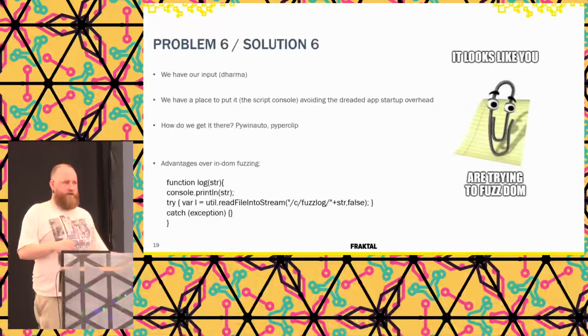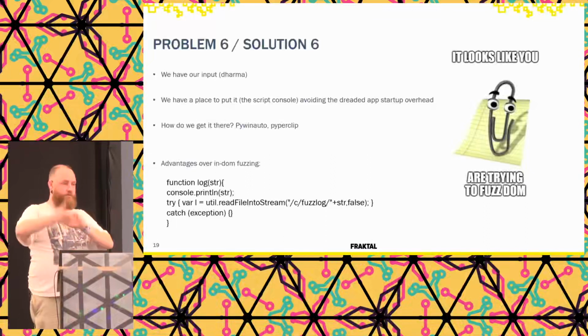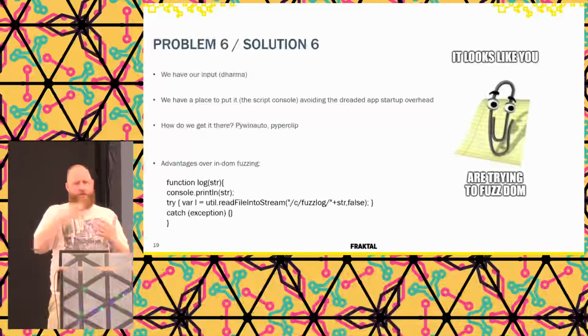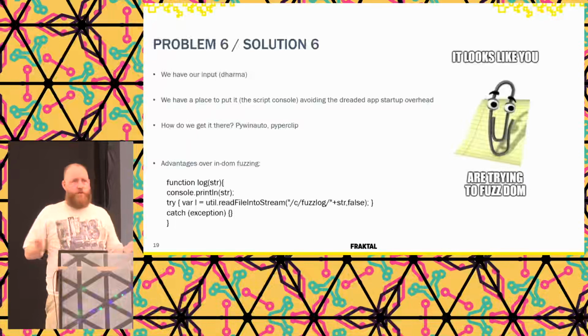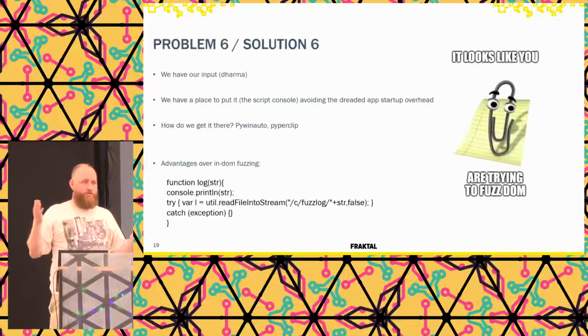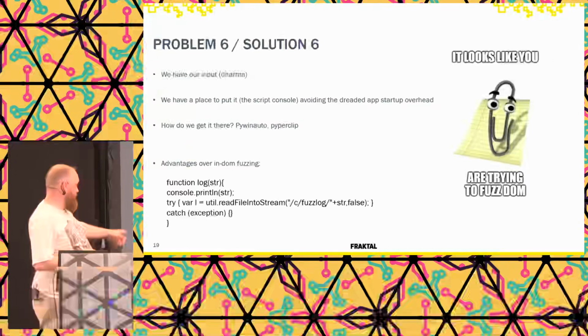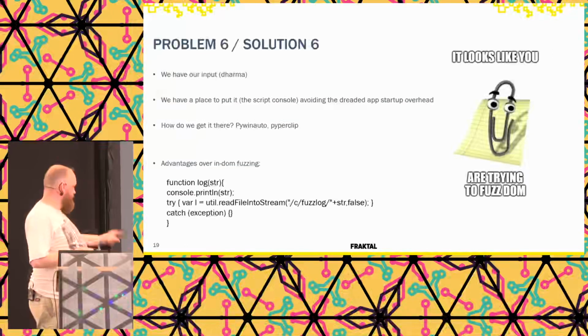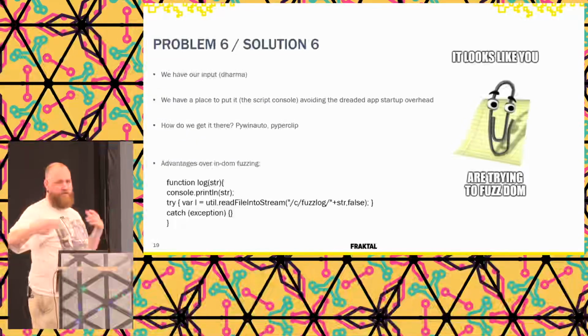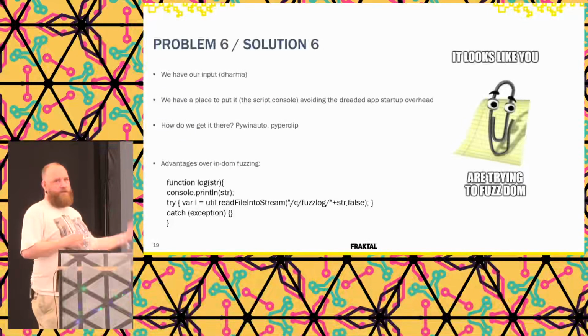I made another fuzzer where I just do a bunch of JavaScript, stick it in, and execute it, where it does DOM manipulations, and the problem is that when something goes wrong, you don't really know what went wrong because logging is hard. So I made, I think, the worst thing I've ever done. As a log function, I try to read a file where I get a permission denied, but it's still going to log the input.